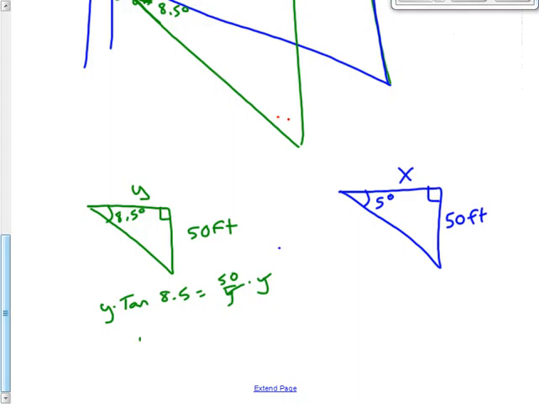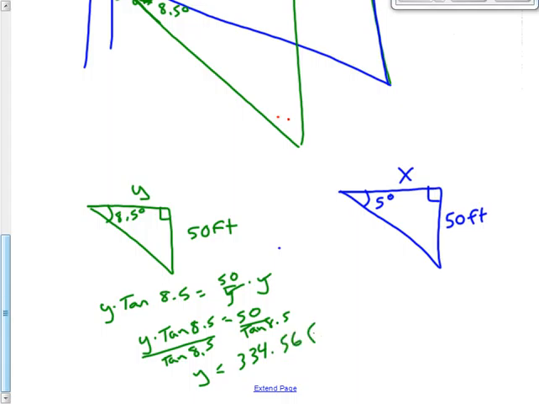So y times tangent of 8.5 equals 50, and I'm going to end up with y is equal to 50 divided by the tangent of 8.5, which is 334.56 feet.